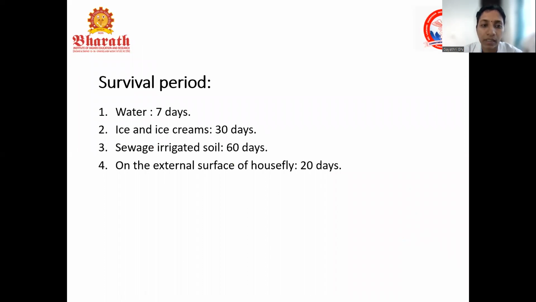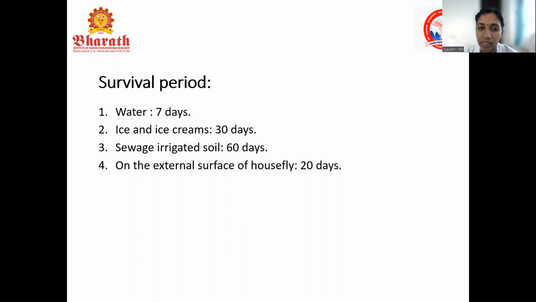See, even in water, this bacteria can survive up to 7 days. In ice and ice creams, it can survive up to 30 days. In sewage irrigated soil, 60 days. And on the external surface of a housefly for 20 days. So you can see by the survival period itself that it is very hard to get rid of or contain this bacterial infection.